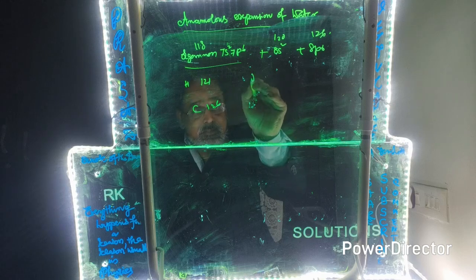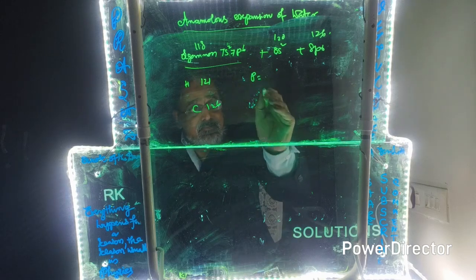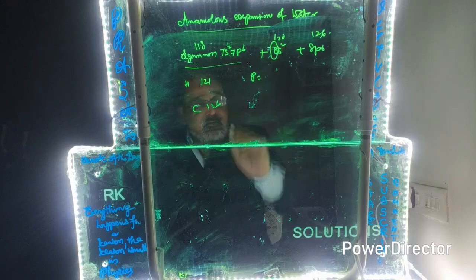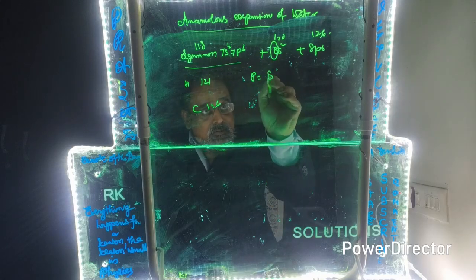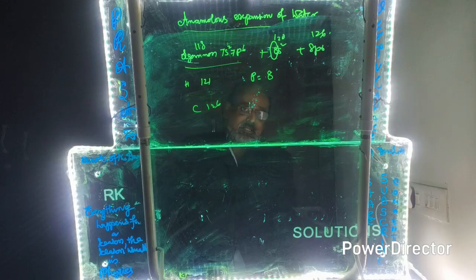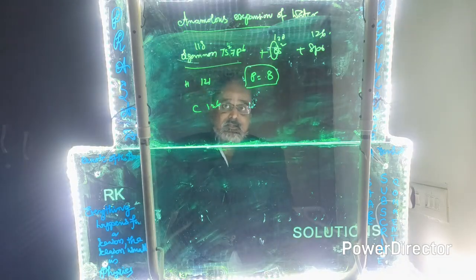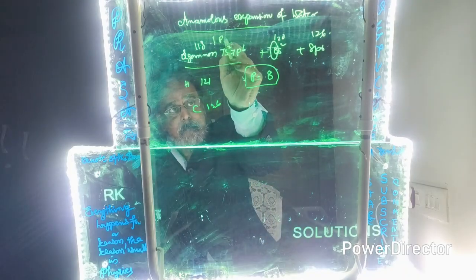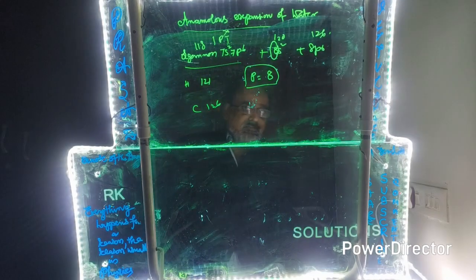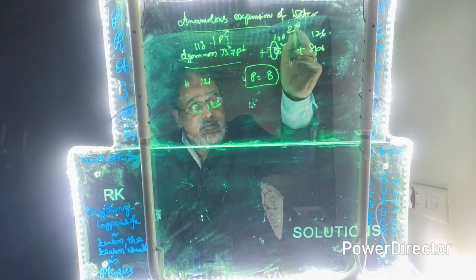So, what is the principal quantum number of this? 8, isn't it? The principal quantum number 8 will be leading. And since this 8p is not part of the first periodic table, this is the second periodic table.